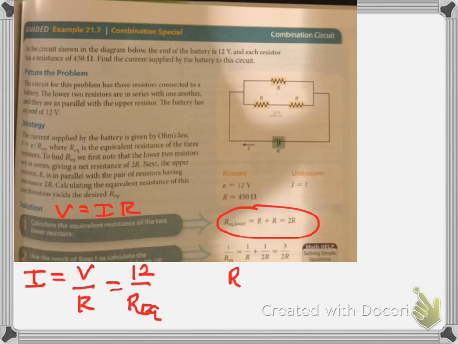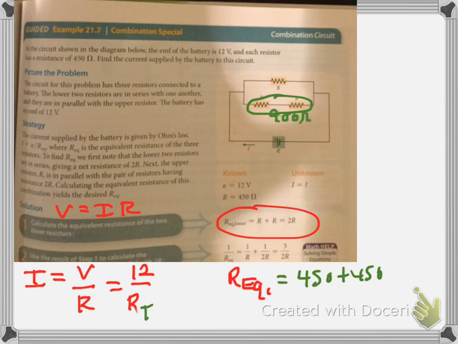So equivalent resistor 1, I'm going to call this. That's not the same as this equivalent. This one's for the total thing right here. Maybe I should just call that RT for total resistance. And so this one's the equivalent resistor for these two. Since it's a series, you just sum them up. 450 plus 450, which is 900. So these two right here have an equivalent resistor of 900 ohms.